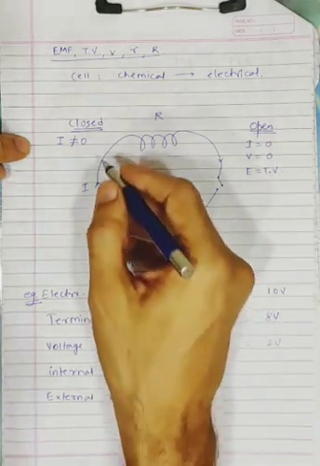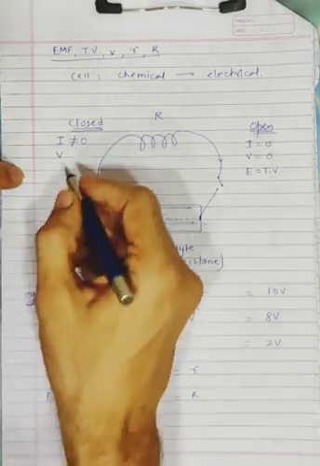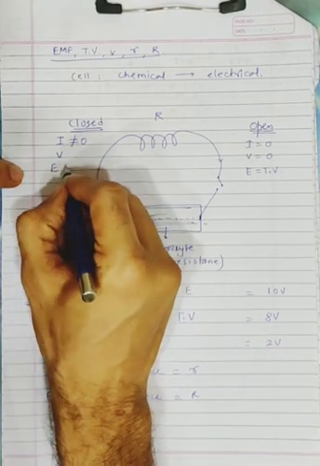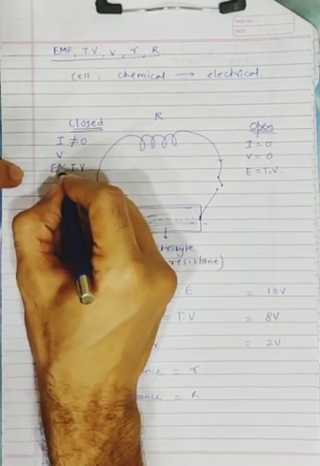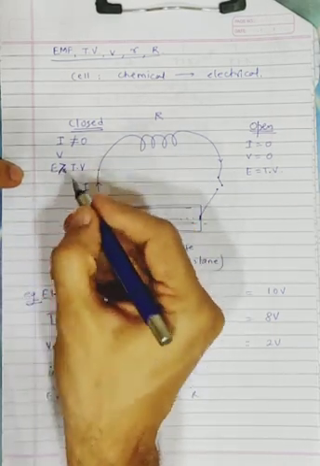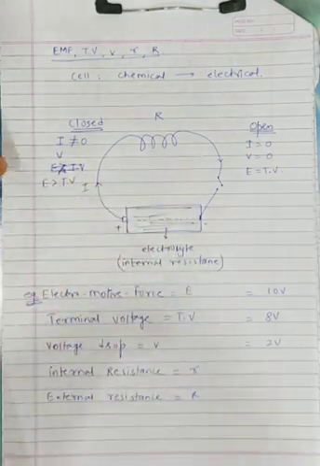If the current is not zero, there has to be some voltage drop, and because there is a voltage drop, EMF will be more than the terminal voltage.